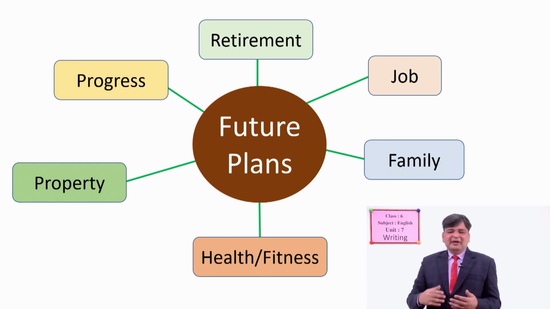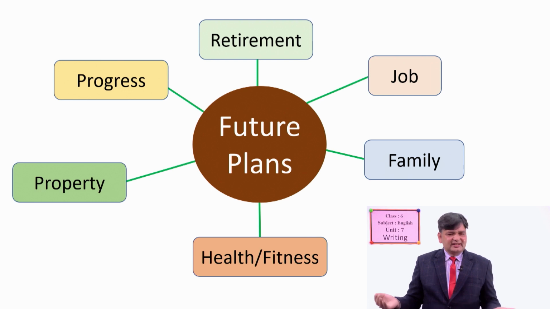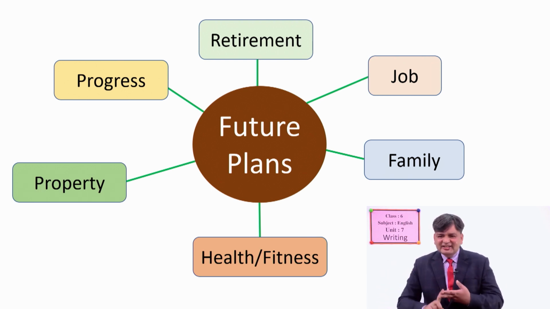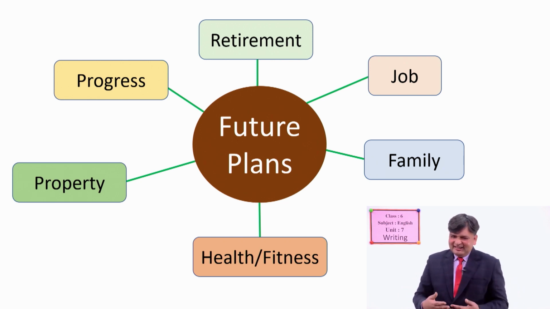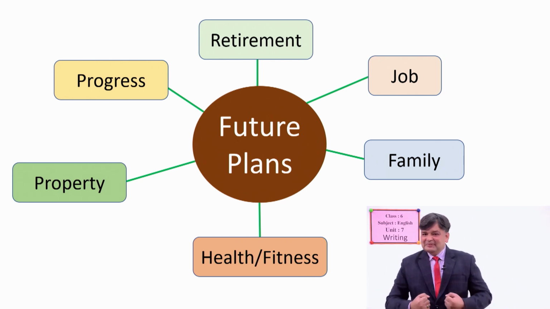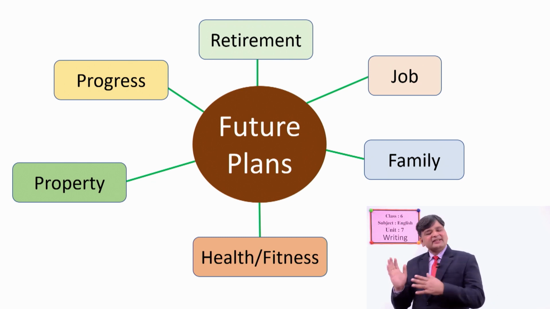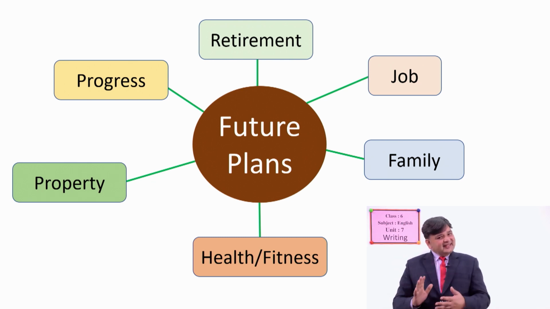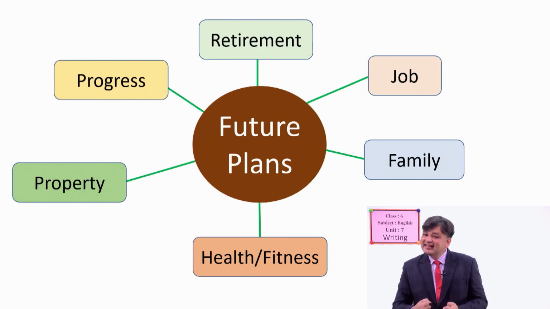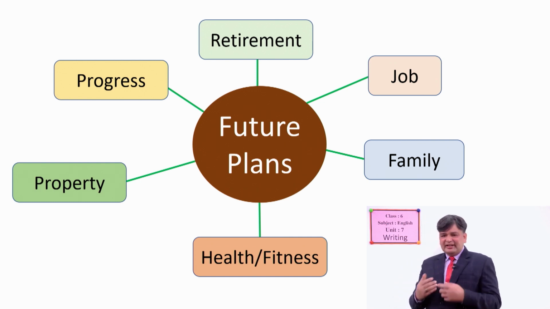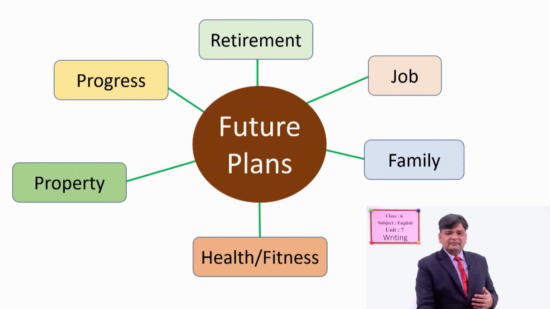So maybe you live with your parents and maybe you'll have your kids. So when you get older, there is a chance that you will get fatter, or you can be under some risk of health. You can fall into the trap of some diseases. So what you have to do is keep yourself healthy and fit. So for that you need health and fitness.